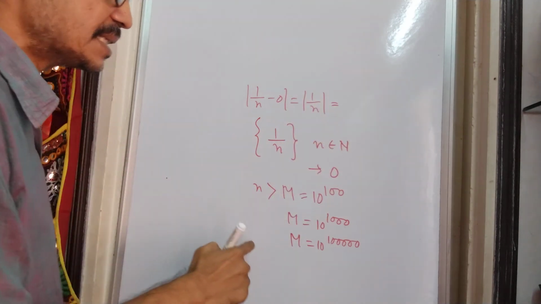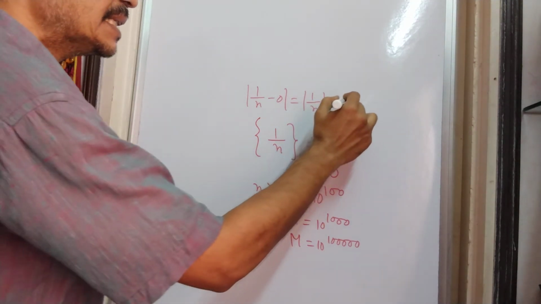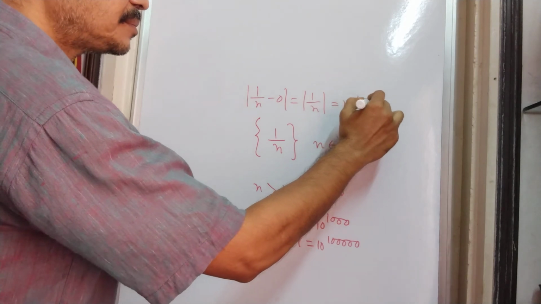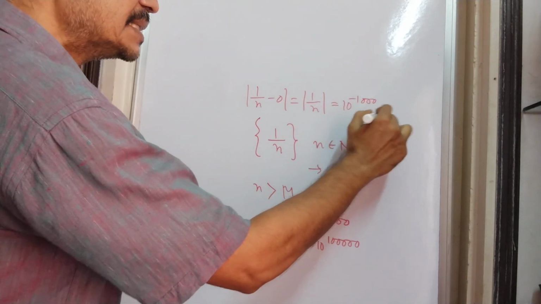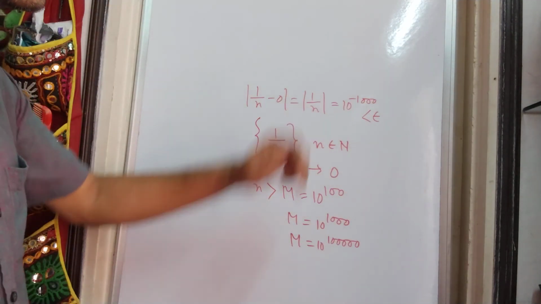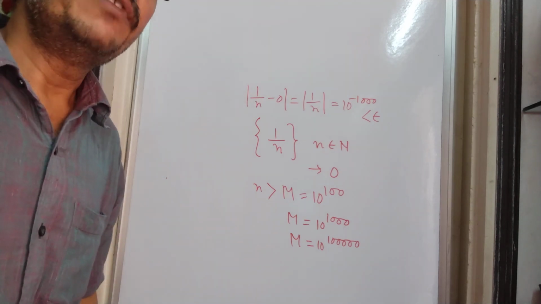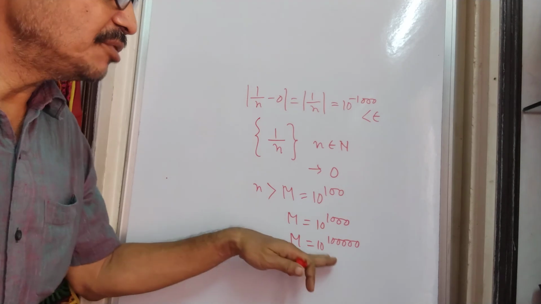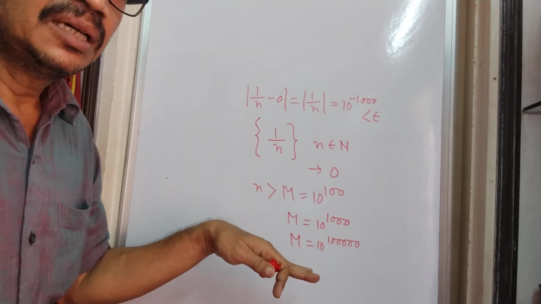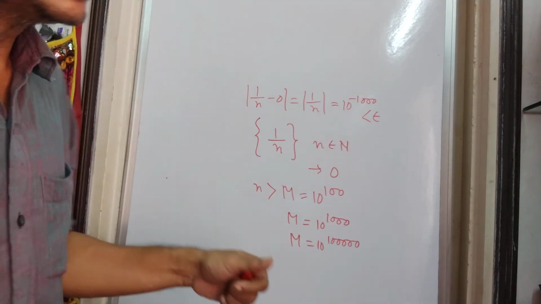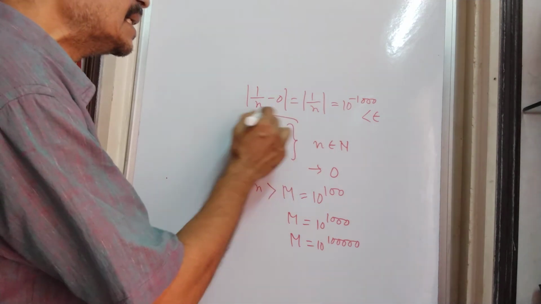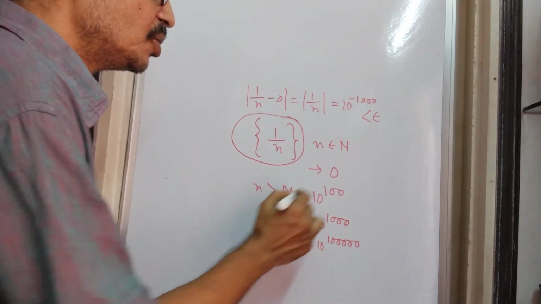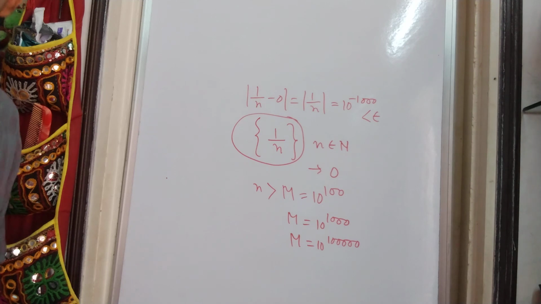Since n is large, this becomes 10 to the power minus 1000, and this can easily be chosen as an arbitrarily small value. If you don't agree with this to be the arbitrarily small value, you can choose another, but we can easily infer or conclude that this is a sequence of numbers which converges to 0.